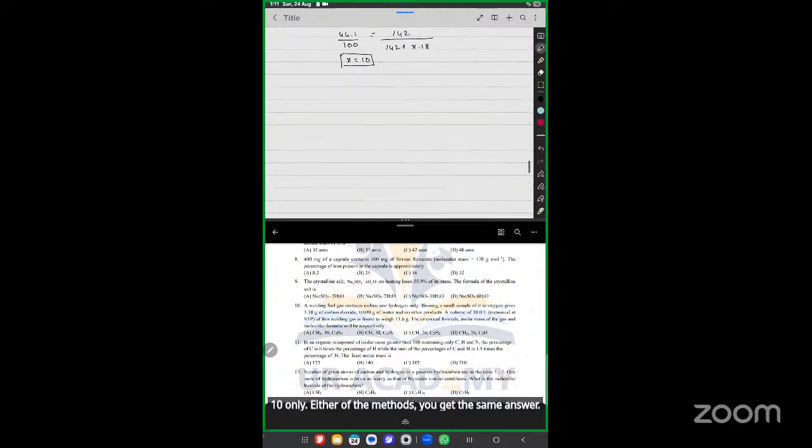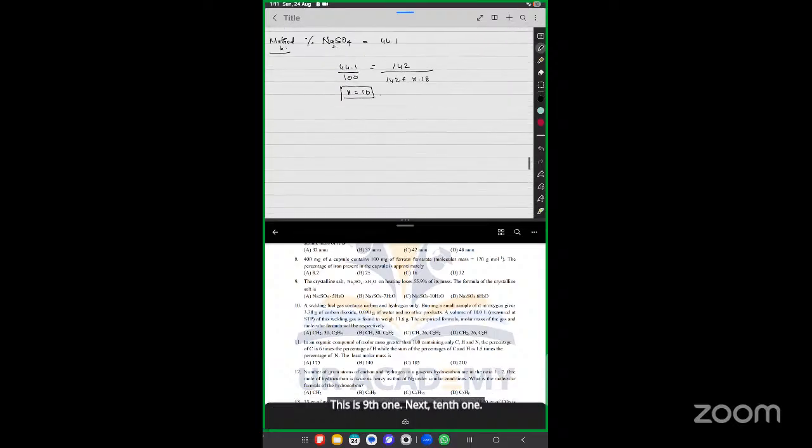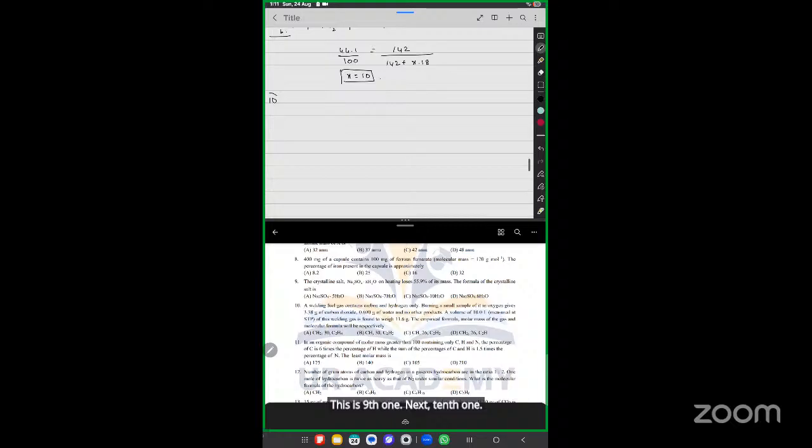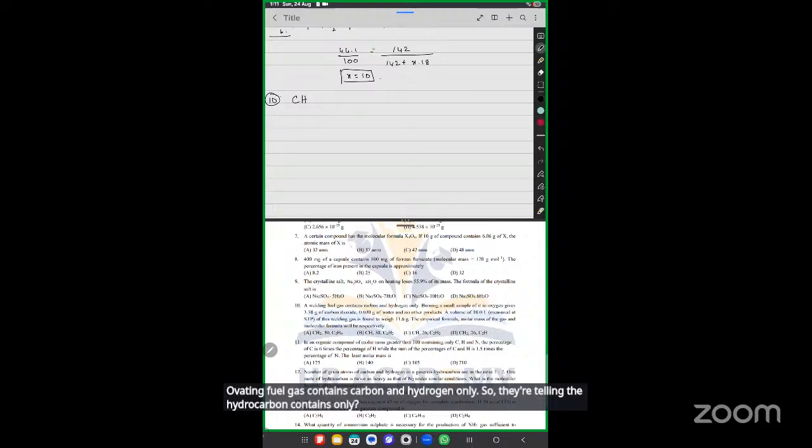This is the ninth one. Next, the tenth one. A welding fuel gas contains carbon and hydrogen only. So they're telling us the hydrocarbon contains only carbon and hydrogen.